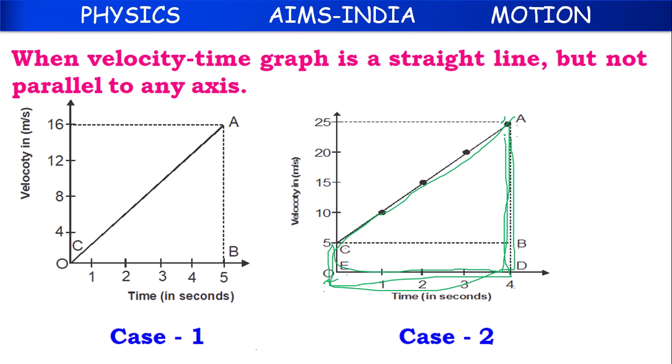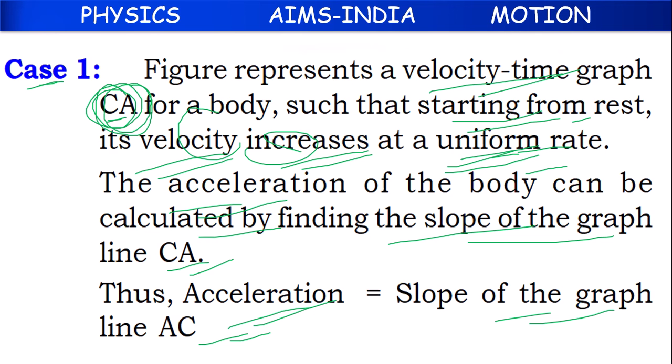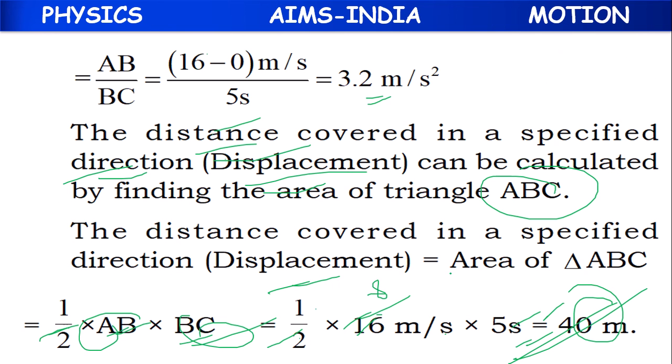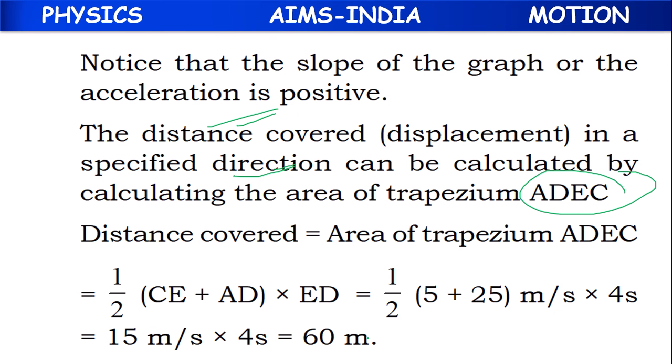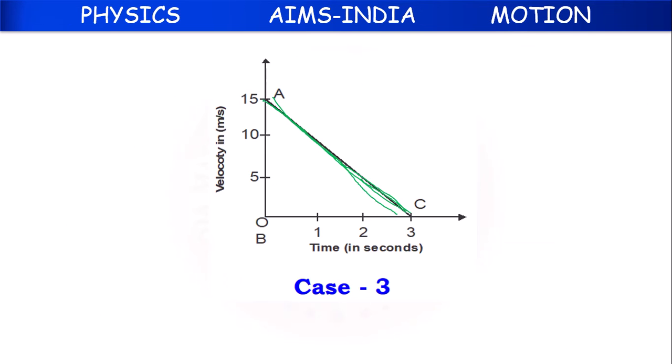So the trapezium formula is half into the sum of the parallel sides into the distance between them.